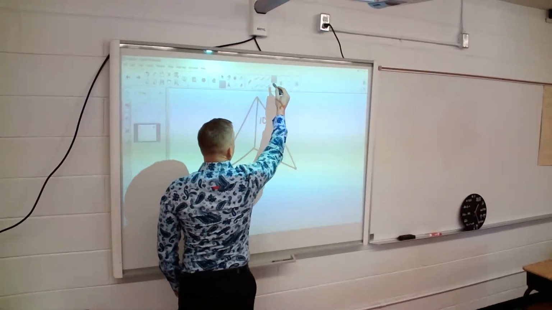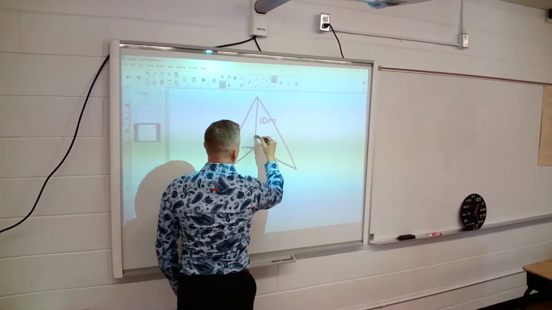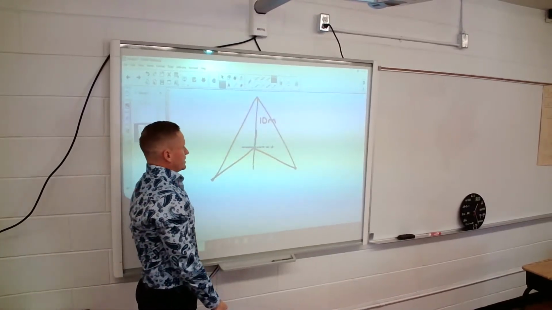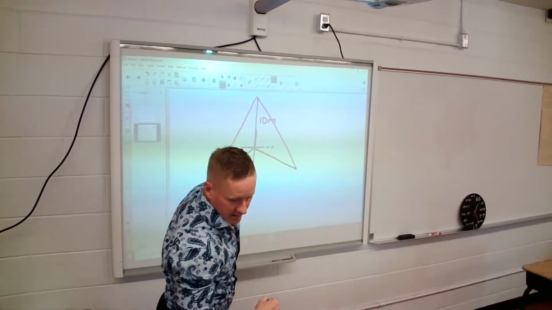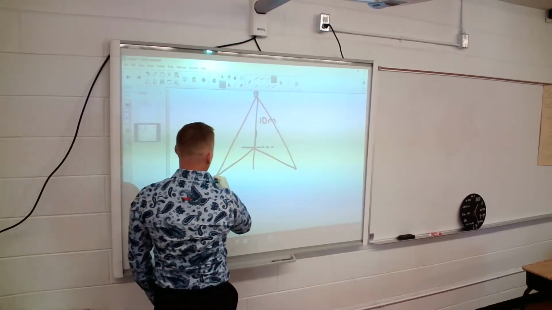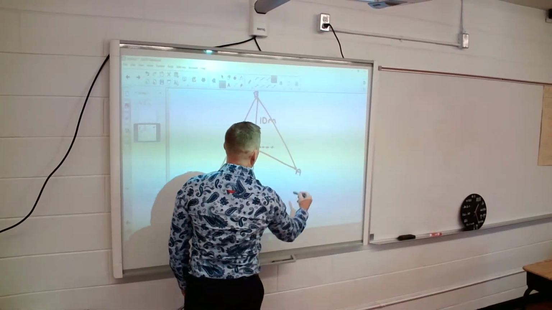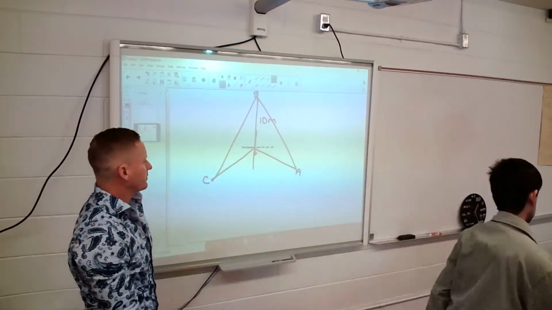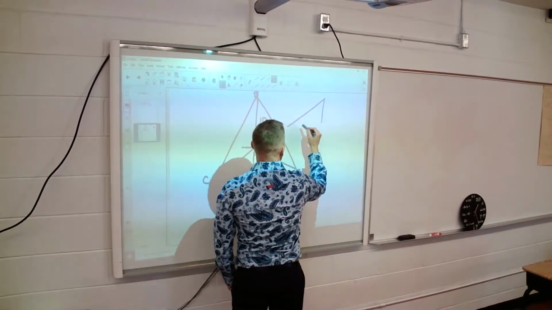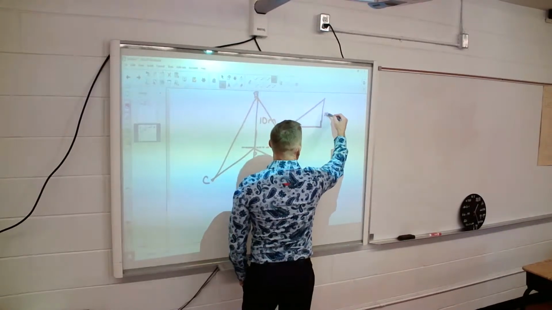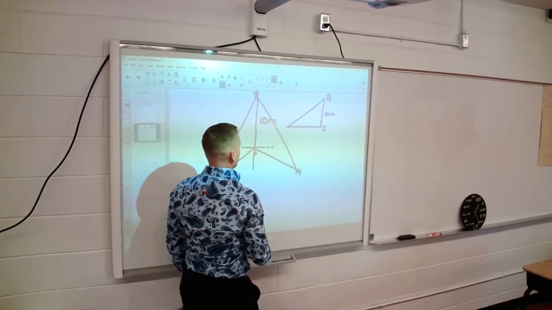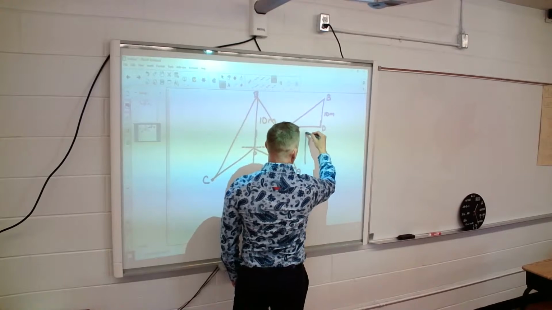Now, okay, so when I'm looking at this, I'm just going to label this now. When I'm looking at this, I have 3 separate triangles. Triangle number 1. Triangle number 2.